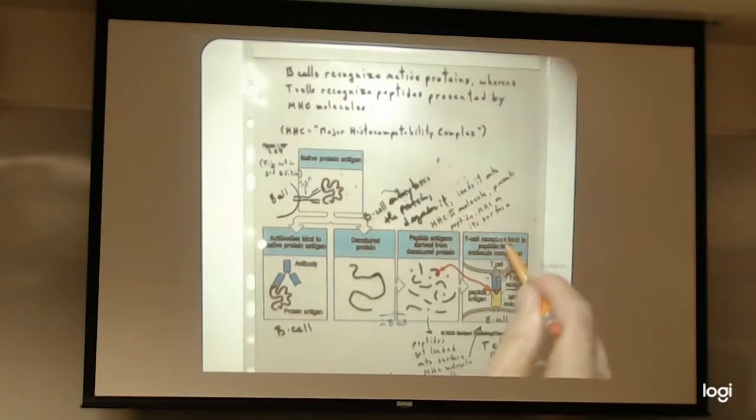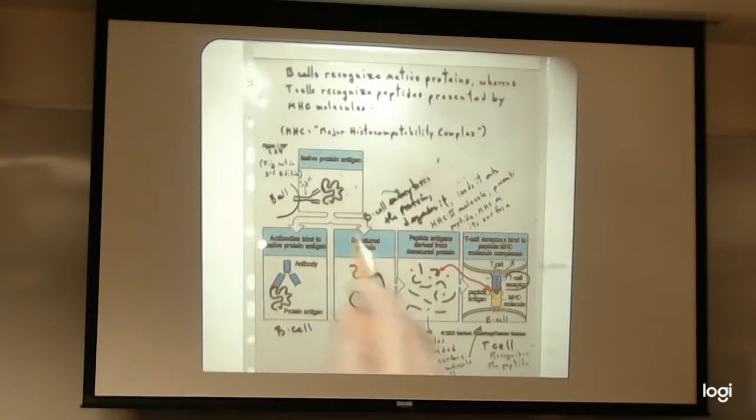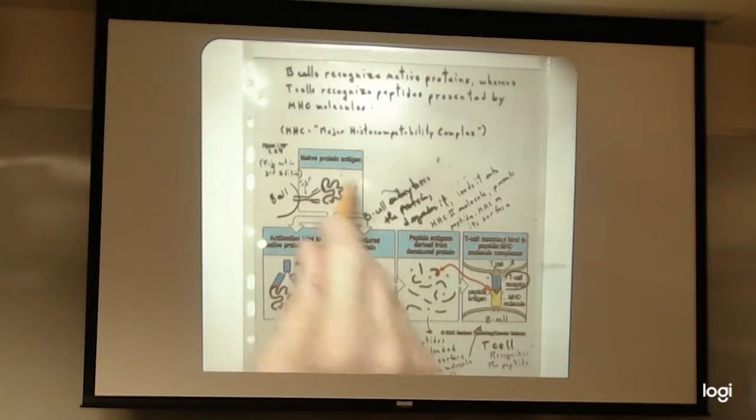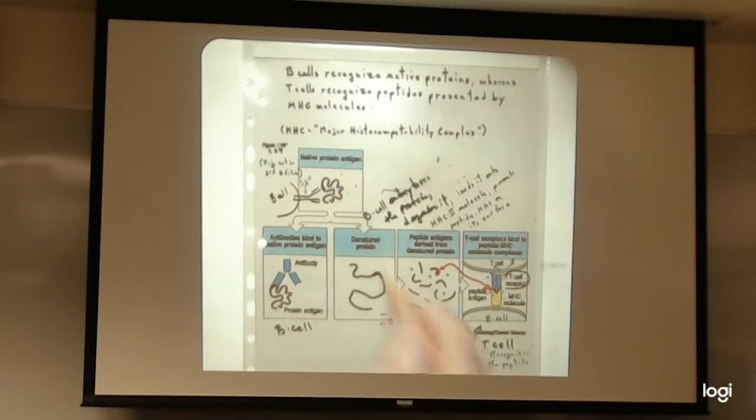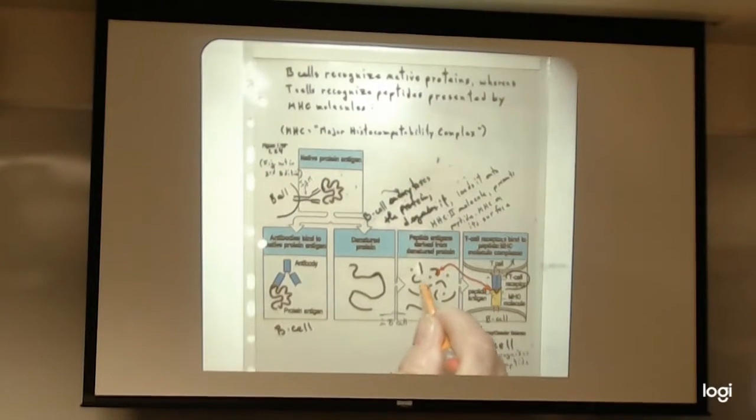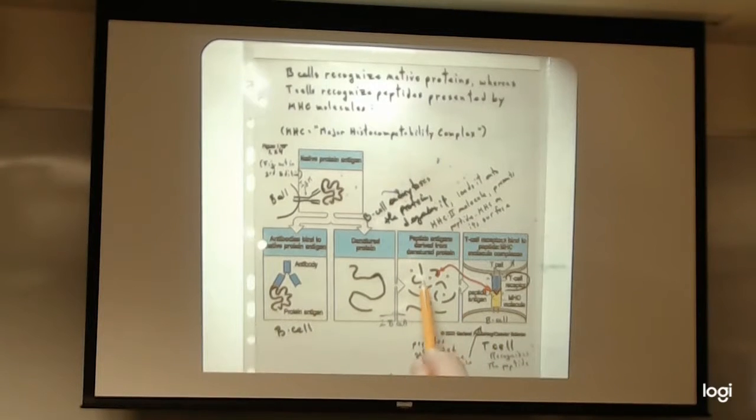Instead, it can only see the foreign peptide from this protein, let's say. This protein would be brought in and degraded into bits and pieces. Now the protein is broken up and loaded onto a yellow MHC molecule here.